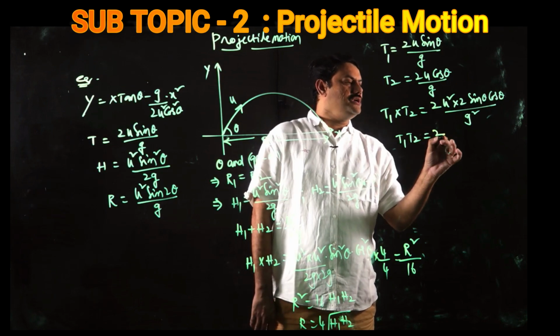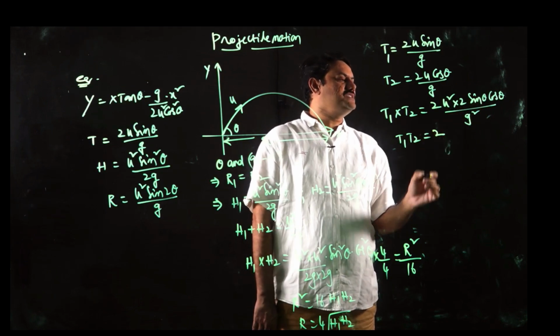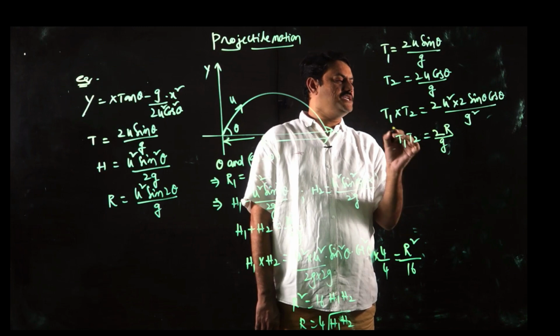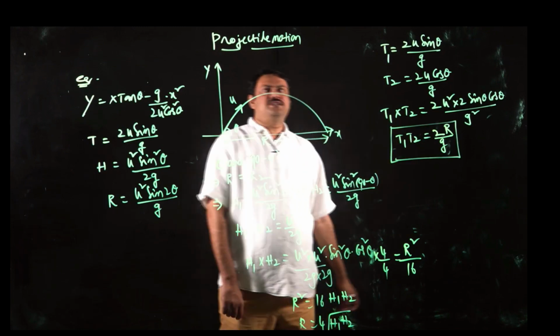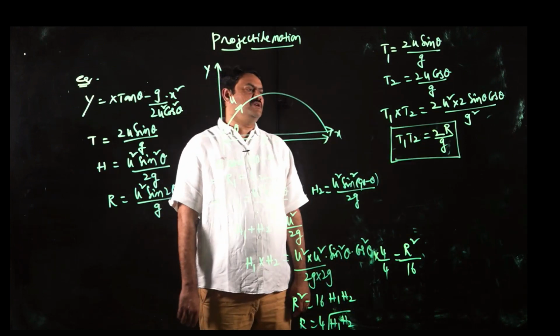So 2 into u square sin 2 theta by g, and that is equal to 2r by g. So these are the very important relations related to the applications of projectile motion.